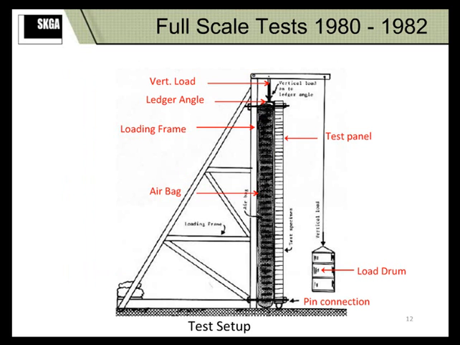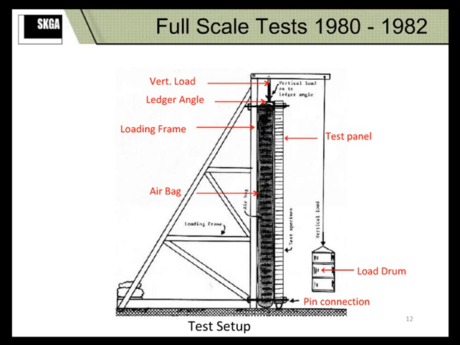The tests were done on a rig or a jig that was composed of a large test frame with an airbag to provide a pressure to the test panel. The test panels were about 4 feet wide, and we had full-size test panels that were also loaded with a loading drum that provided an eccentric load through a lever at the top of the panel to mimic as best as possible the types of loads that these panels were seeing in the field as they were being designed.